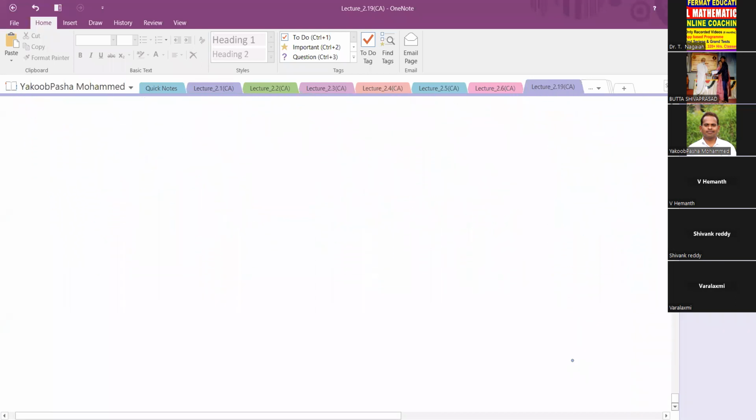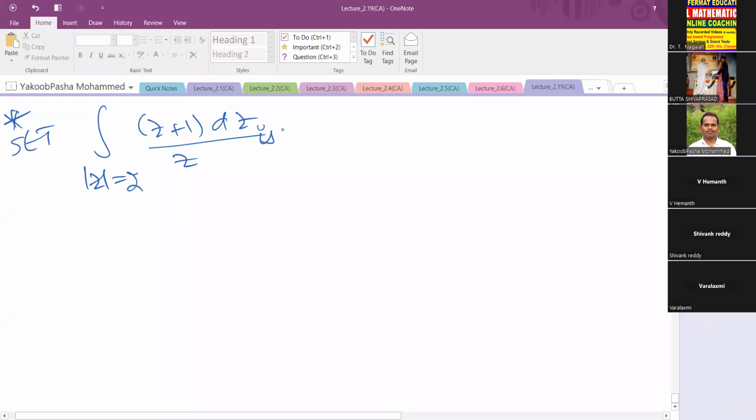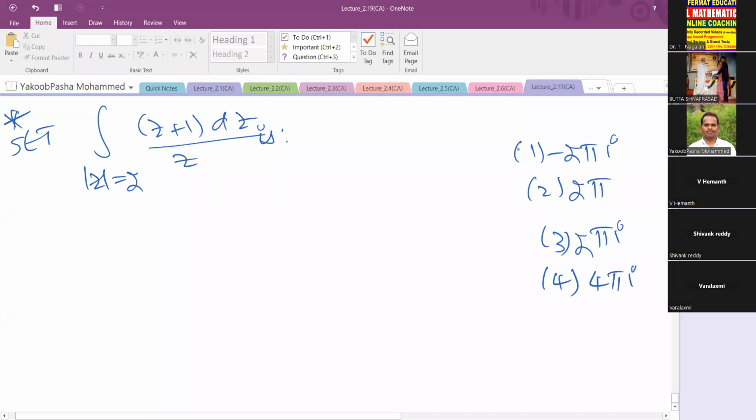Integral over modulus of Z is equal to 2 of (Z plus 1) dz divided by Z. First option minus 2 pi I, second option 2 pi, third option 2 pi I, and fourth option 4 pi. Exactly four options we have.